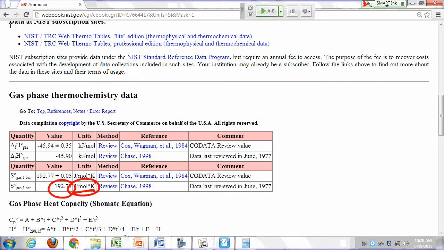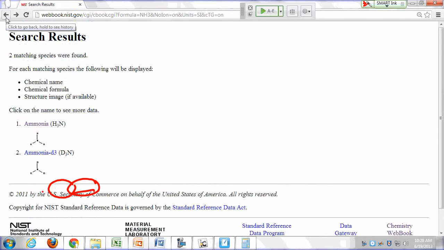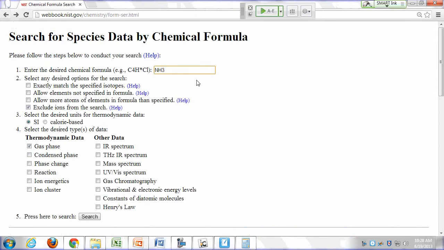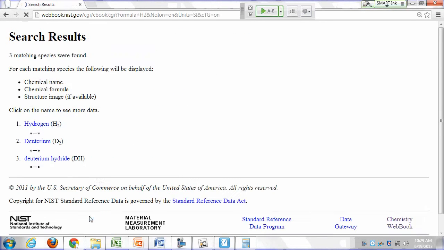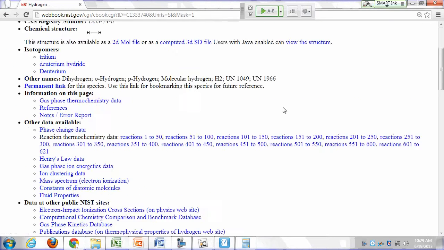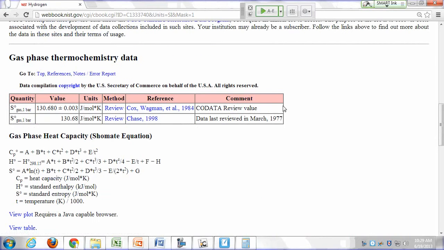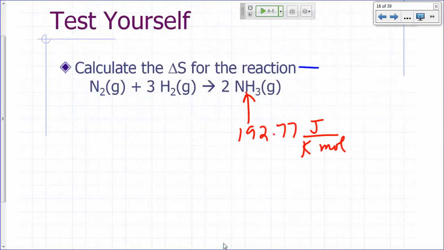Let's do a search for H2, hydrogen. The standard entropy of H2 is 130.68 joules per Kelvin per mole.